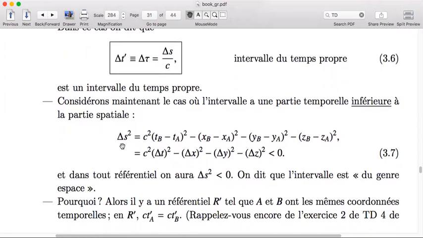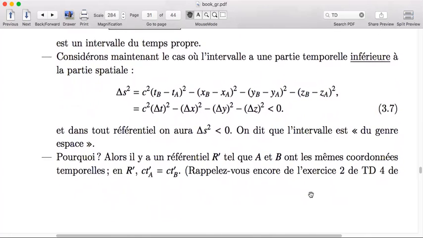It doesn't mean that we have to deal with complex numbers, because we never have to deal with delta S itself, because, well, I'll get to that in a minute. So we give this a different name. We say it's a space-like interval, or du genre espace.